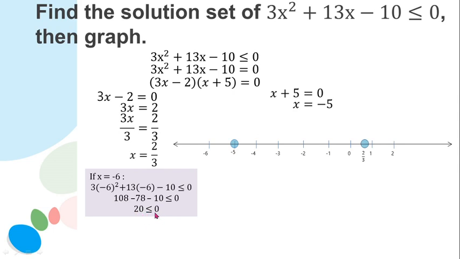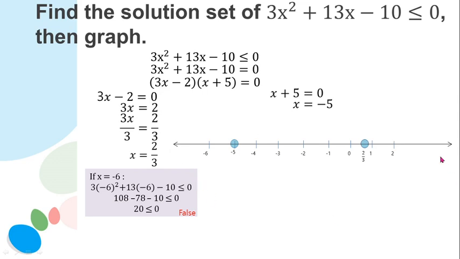Is this mathematical statement true? It is false. Of course, 20 is greater than 0. Since negative 6 produces a false mathematical statement, we cannot shade this portion. Meaning, all the numbers less than negative 5 down to negative infinity are not part of our solution set.